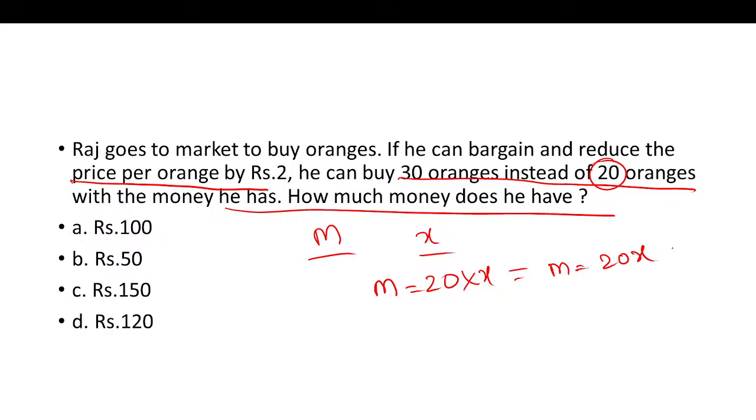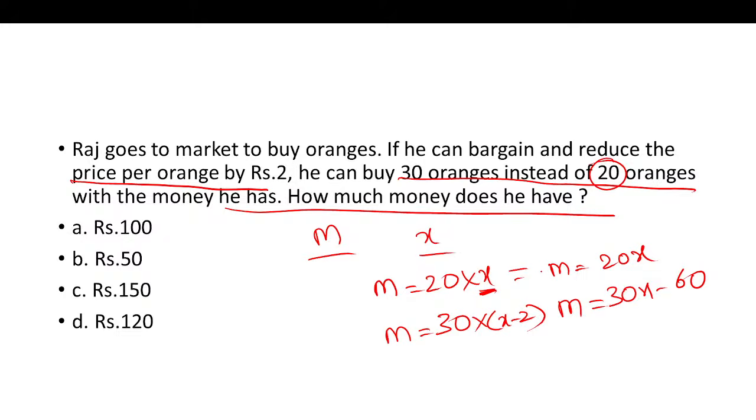In the second case, because of bargaining, the cost is reduced. He is buying 30 oranges, cost per orange has been reduced to x minus 2, 2 rupees reduced. So now the total amount is 30x minus 60.